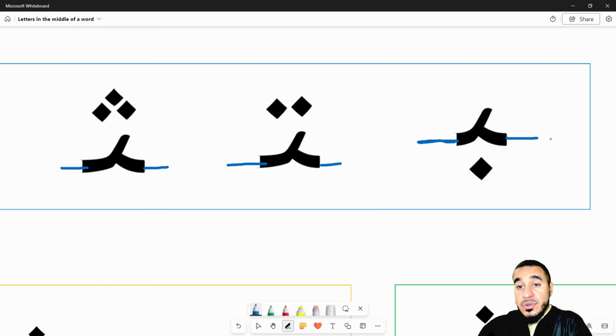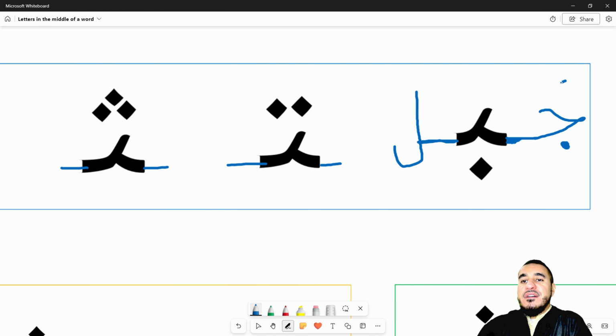So for example, we could have the letter jim come before it. The jim, when it's at the start, looks like this, remember? With a little dot here. And then it connects directly to the ba. And then after the ba, we could have our favorite lam come after it, okay? So then what happens if we put some harakat on here?